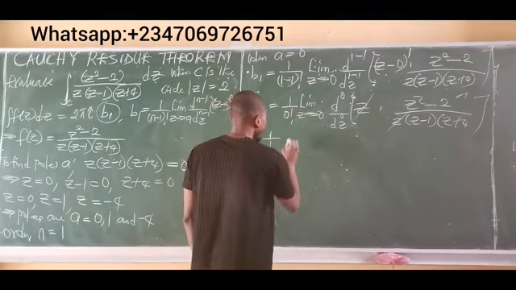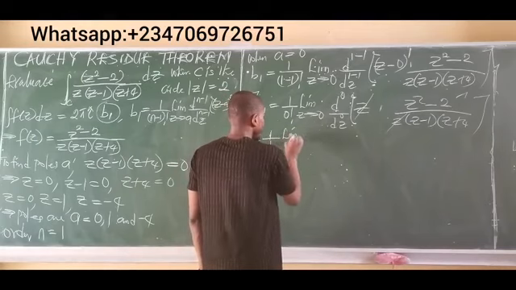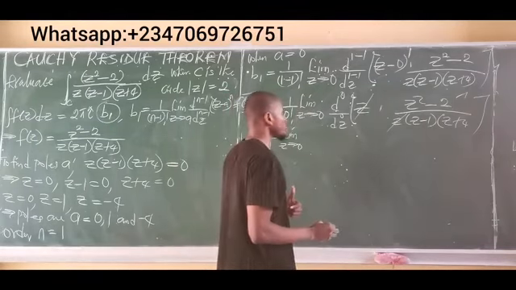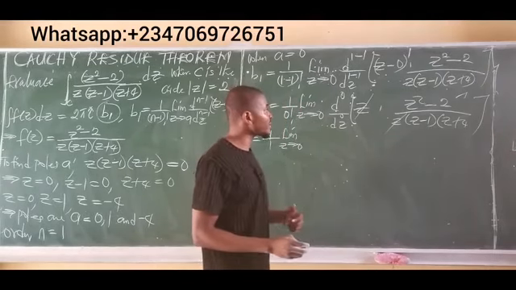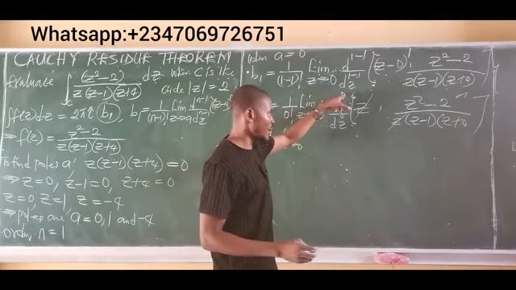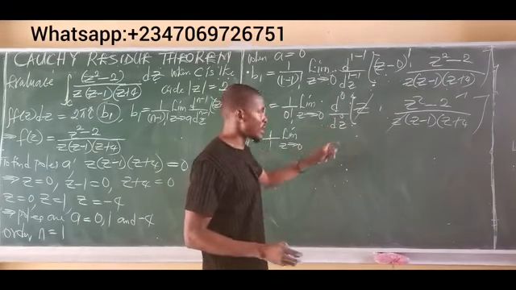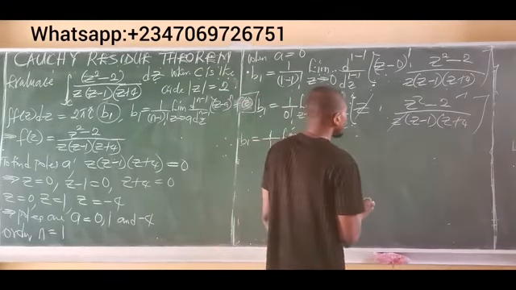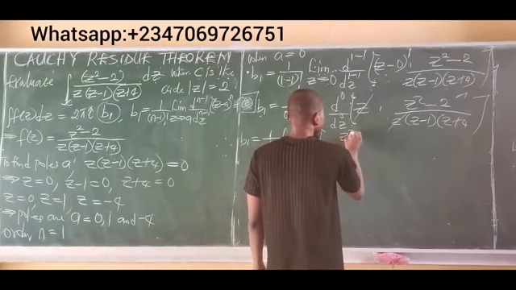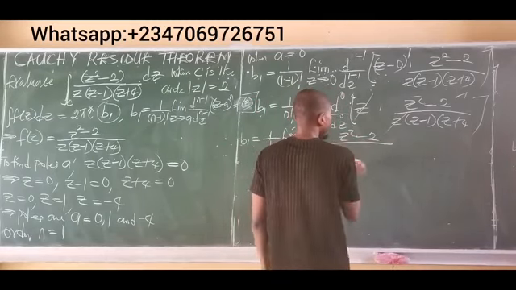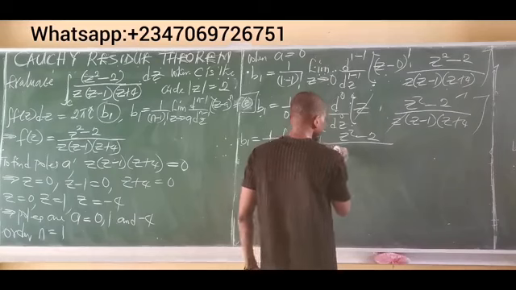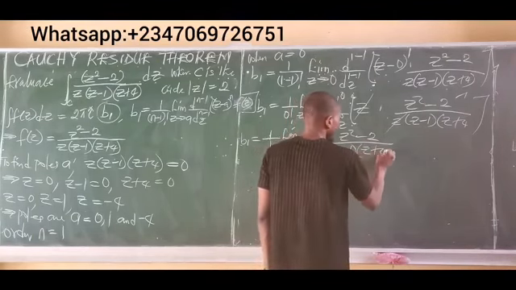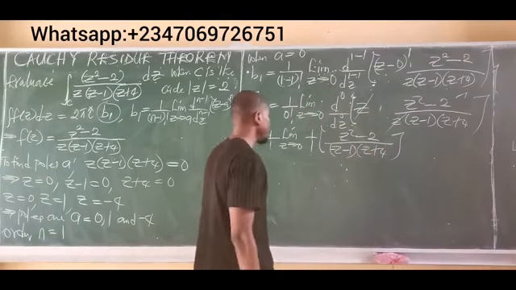I have that b1 is equal to 1 over 0 factorial, which is 1, so it becomes 1 over 1, limit as z tends to 0, of any variable to the power of 0 remains 1. So d to the power of 0 over dz to the power of 0 is 1. So I have here 1 over 1, multiplying through by z squared minus 2 over, I'm left now with (z minus 1) times (z plus 4).